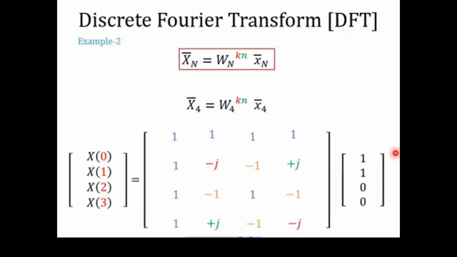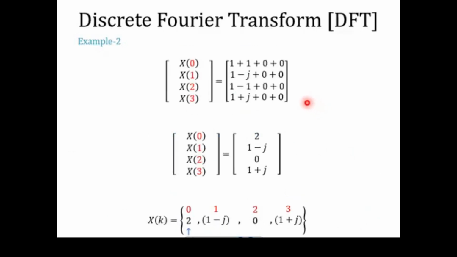Here we have replaced the values of the time domain sequence by its sample values. So x of 0, x of 1, x of 2 and x of 3 are replaced by 1, 1, 0, 0. Now just multiply this W4 matrix with this one-dimensional vector.